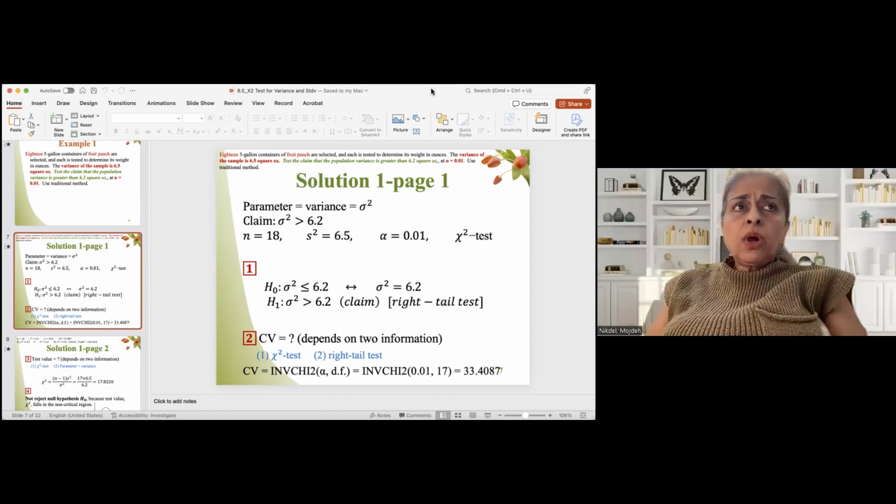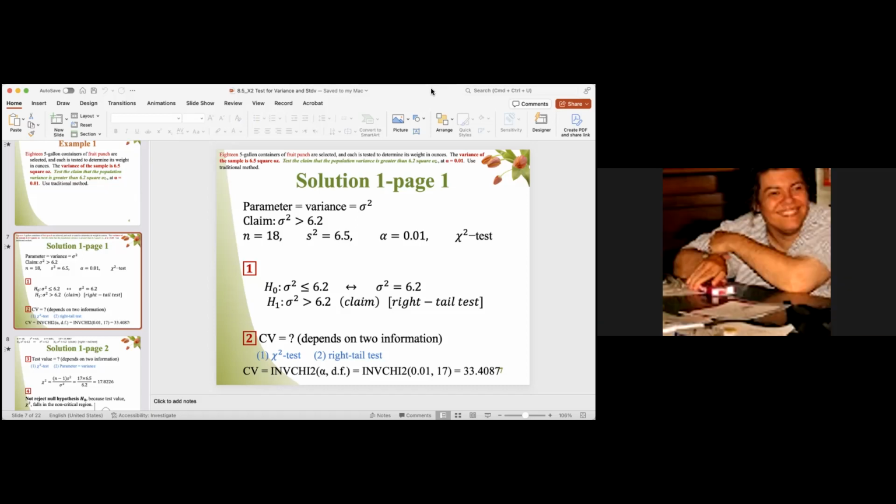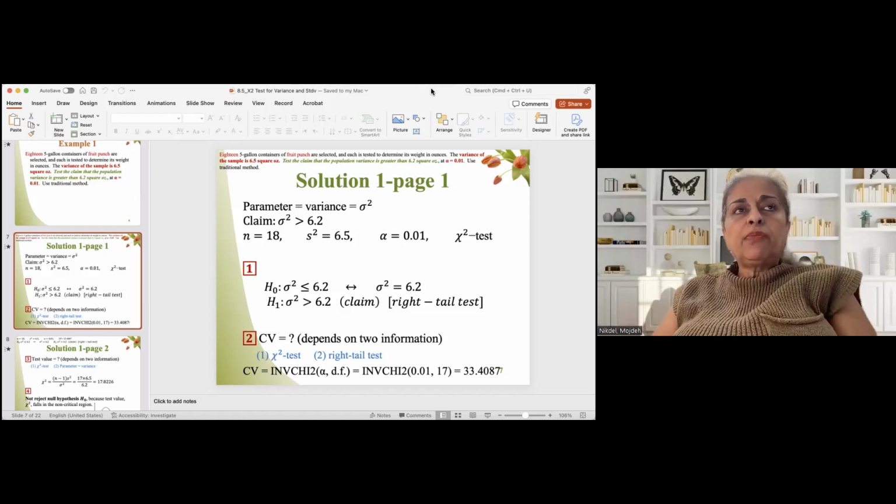For the quiz that you see, you just have to fill in the blank. And pay attention to what method I want you to do the work in chapter 8, p-value method or traditional method. But in chapter 9, everything is going to be p-value method. Even if the book doesn't want you to do p-value method, I want you to do p-value method.